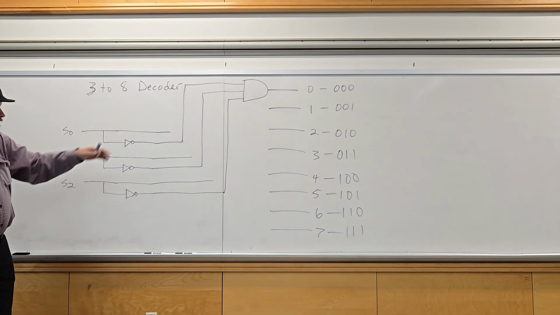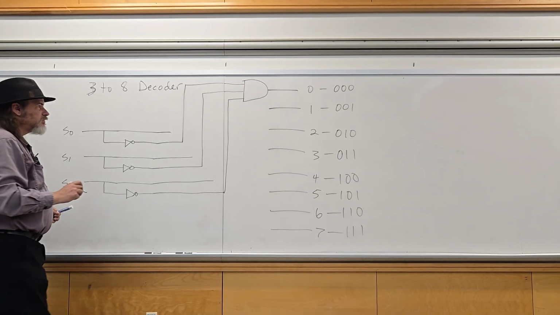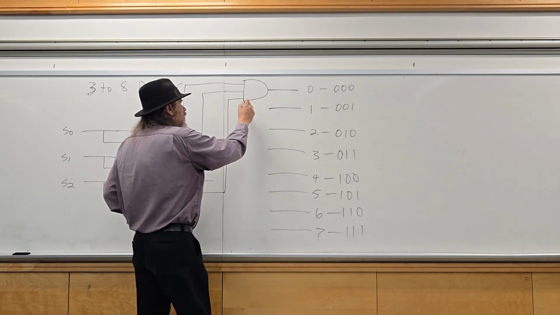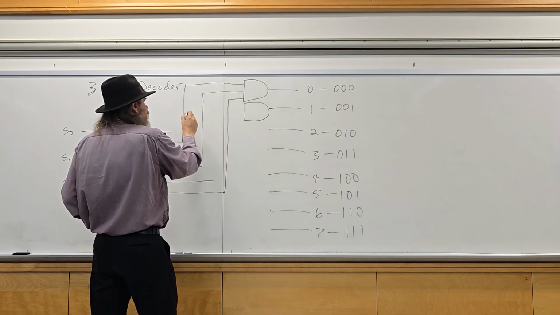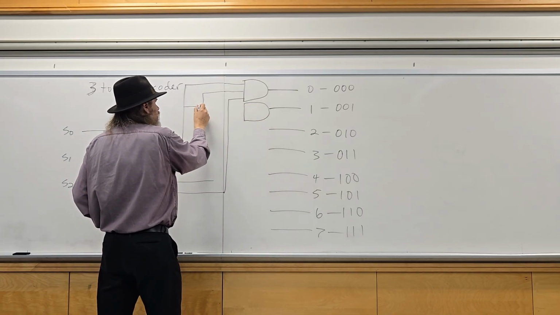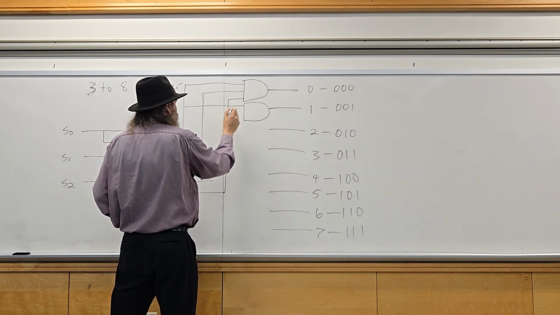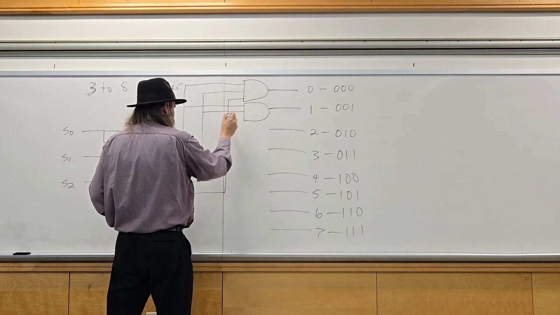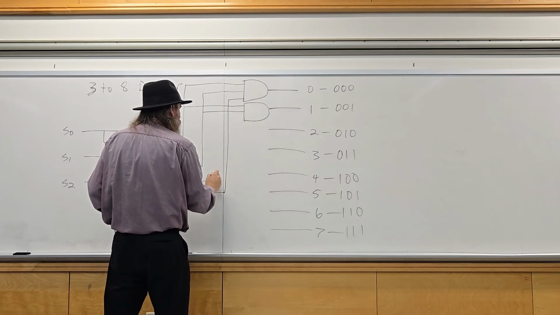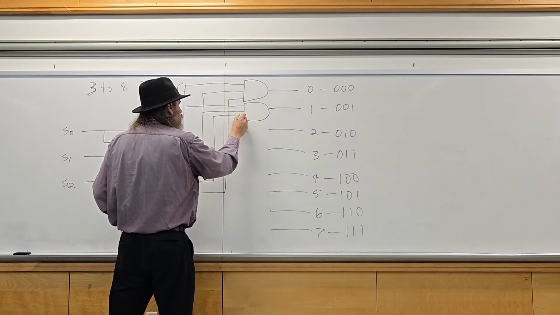0, 0, 1 is going to be another AND gate with 0, 0, and 1.